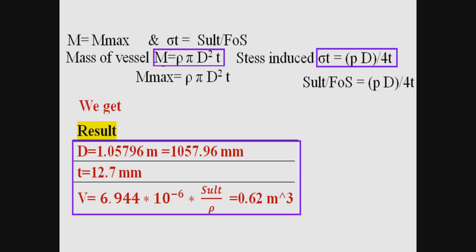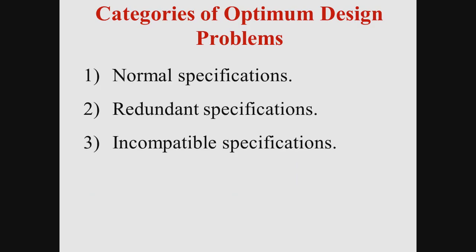This type of problems will normally be asked in the exams. Whatever problems we have solved belong to one concept that I am going to explain here: categories of optimum design problems.